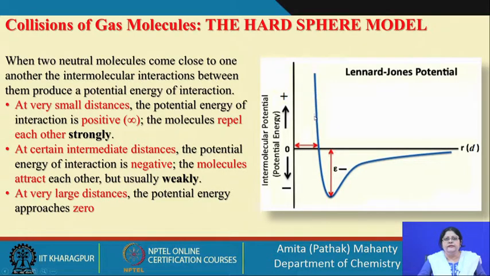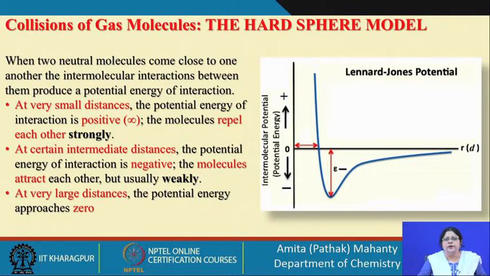In this curve, this is the positive side. This is a very high positive interaction, and it is associated with repulsive forces. Since it is a very strong value of the potential energy, we say there is a strong repulsive force between the two molecules.